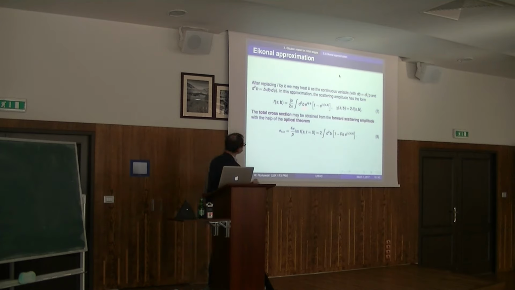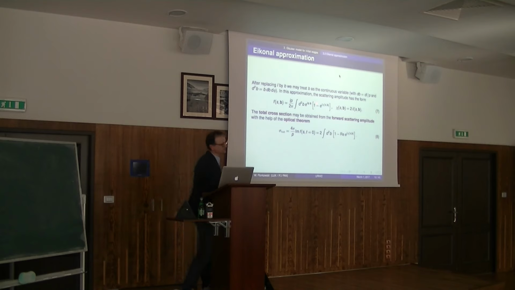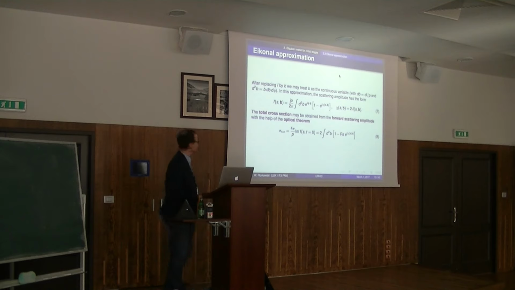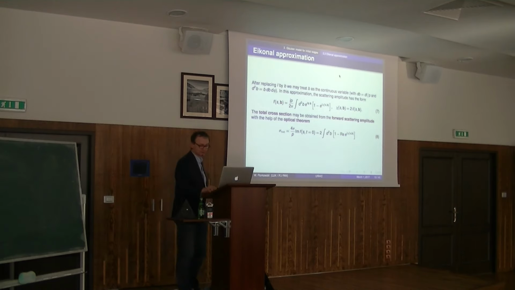So this is a very convincing physical formula, because it can be used to express the total cross-section, the inelastic cross-section, and also the elastic cross-section. The total cross-section is calculated from the optical theorem, so we take the forward scattering amplitude, so we take q equals 0, and then we get the total cross-section.